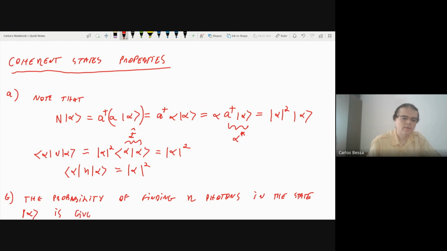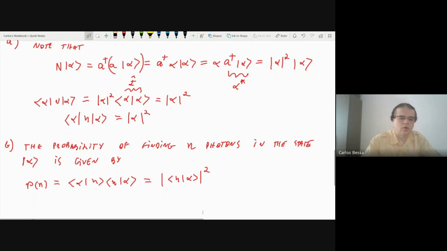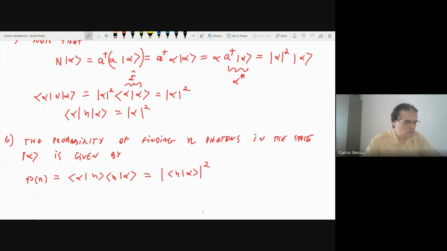Remembering the review of quantum mechanics, the probability P of n is the modulus squared of the overlap of n with alpha.